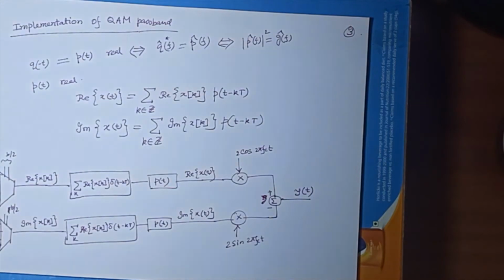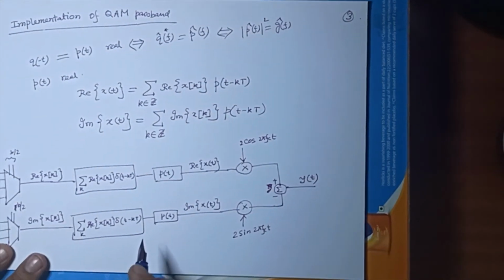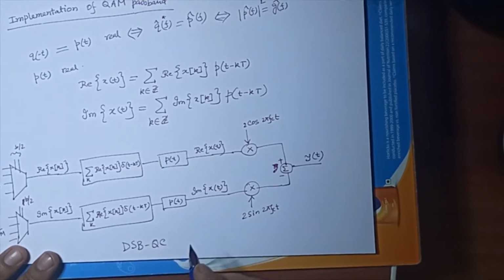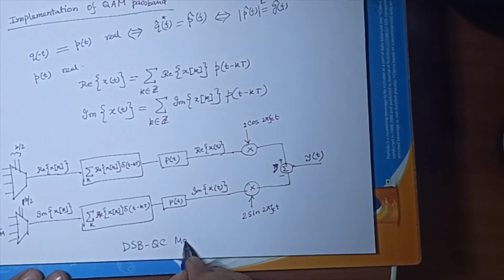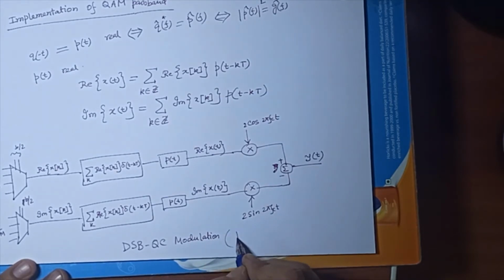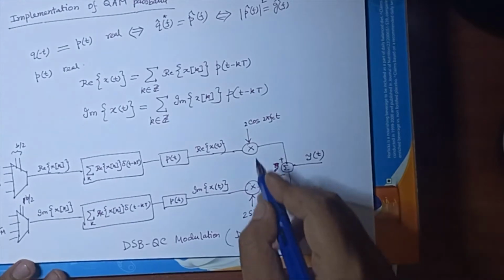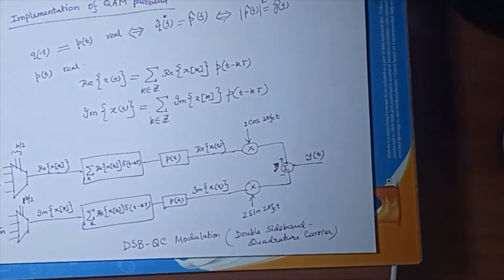So this particular thing is called the DSB QC modulation, which the full form is basically double sideband quadrature carrier. Because we were using the quadrature carriers cosine 2 pi fct and sine 2 pi fct.